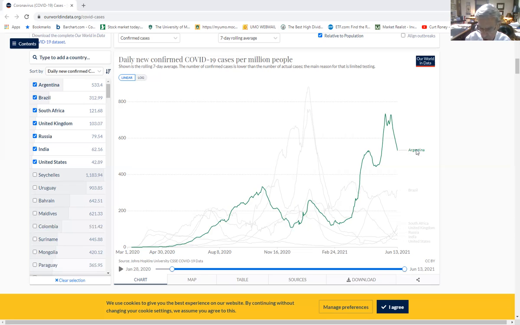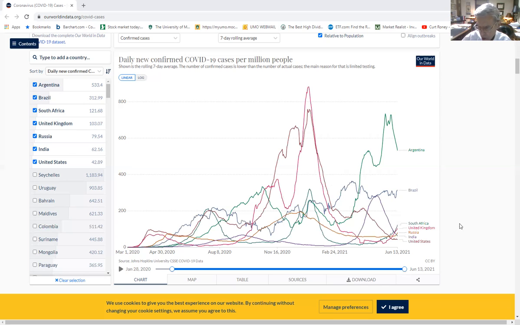These are major surges, both in October of last year, really the fall of last year, the first of this year, and then more recently, this big surge. And whether or not the decline that we see most recently holds is a strategic issue. But Argentina has really got its hands full right now.